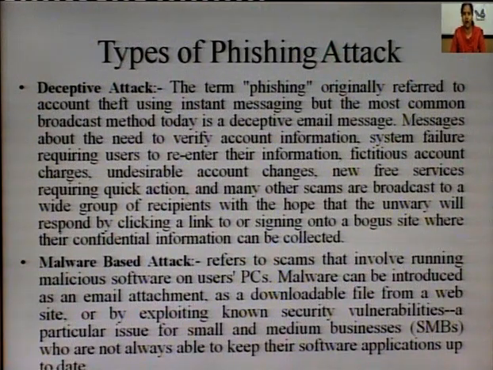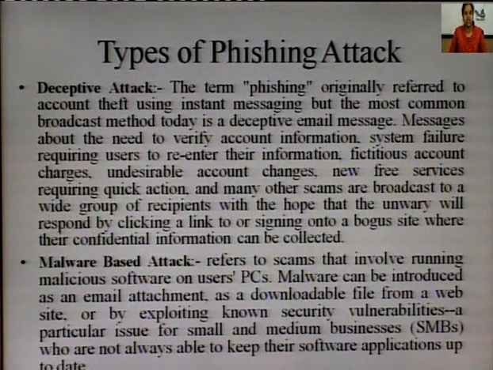If you reply to my mail, I will give you some free money, and so on, requiring quick action. Many other scams are broadcast to a wide group of recipients with the hope that the unwary will respond by clicking a link or signing into the bogus site where their confidential information can be collected.